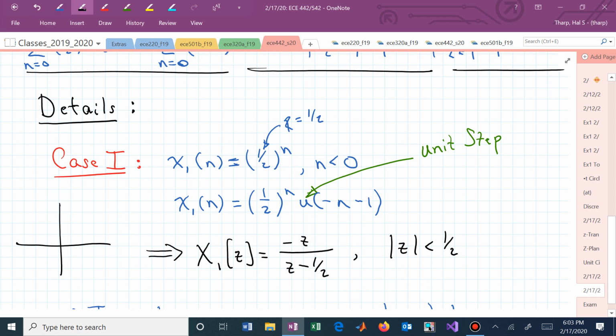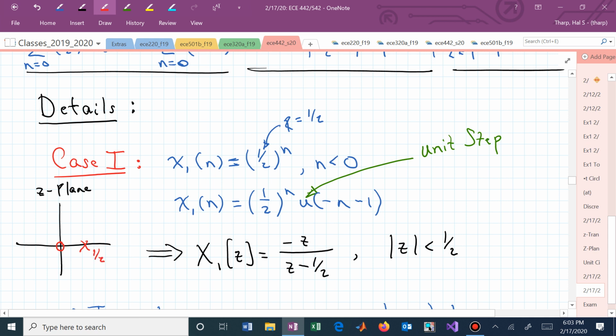Here's the z-plane. Hopefully you see that I have a 0 right at the origin. Z equal to 0 will cause that to vanish. And when does the denominator vanish? It vanishes when z is equal to 1/2. I have a pole at 1/2.